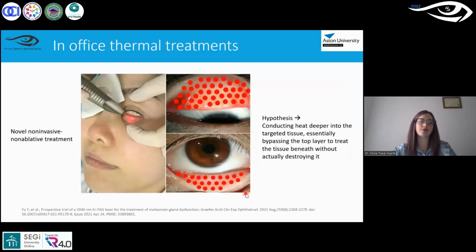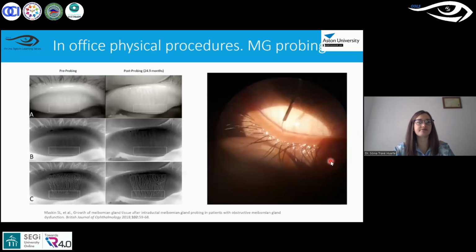And then there's another one that I found out about using a specific type of YAG laser to sort of create, it's not an abrasion, it's not ablative, but it's sort of a small type of abrasion. The idea is probably similar to the other one, to conduct heat, but to deeper tissues where it's targeted, to actually change the components of those glands.